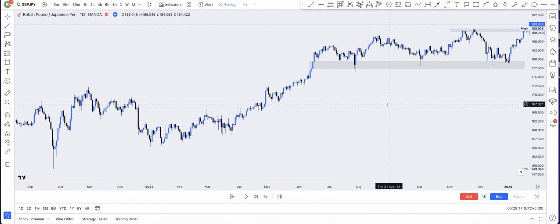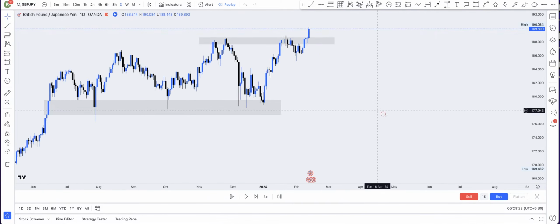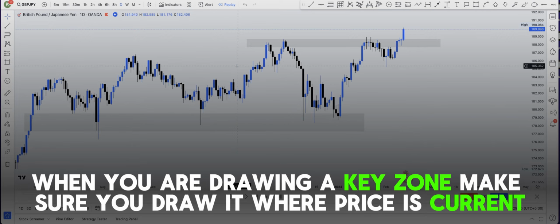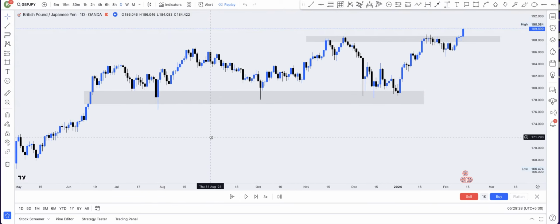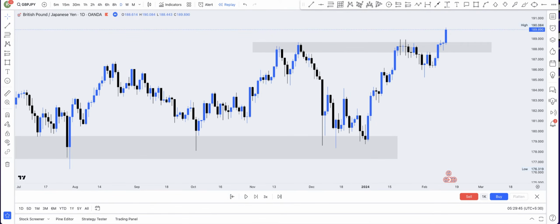Now when you're drawing a key zone, make sure you draw it where price currently is. Do not let the key zone be far away from where price is, because when it's close to where price is, that is when you know the next direction of price. I also have a video on how to properly draw support and resistance, and the rules of drawing support and resistance. What you have to look out for before you draw your support and resistance zones.